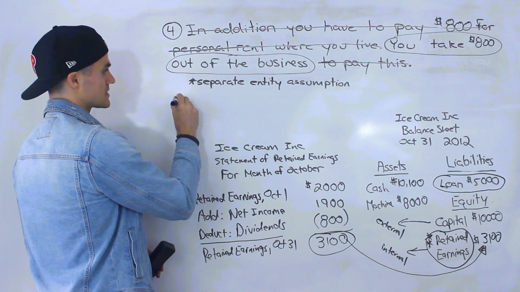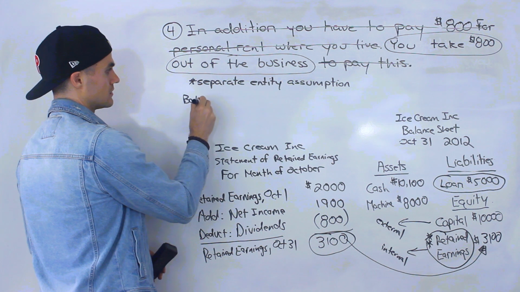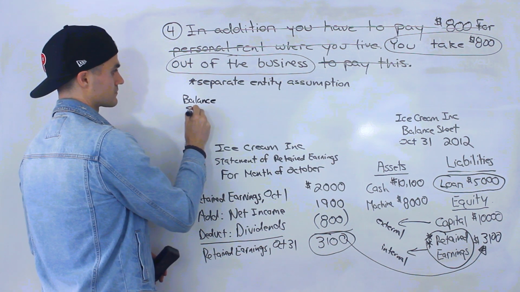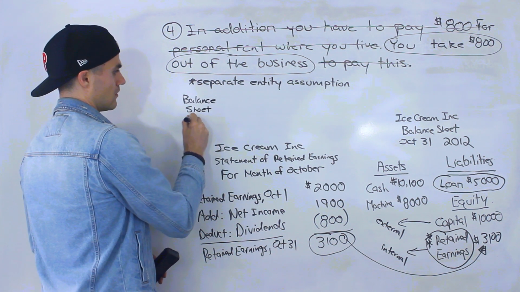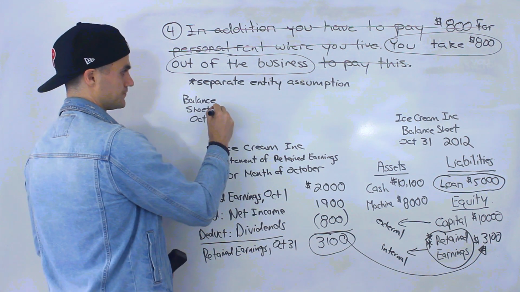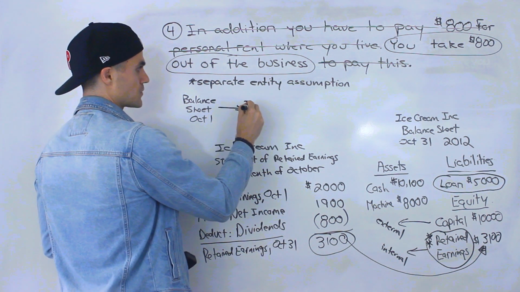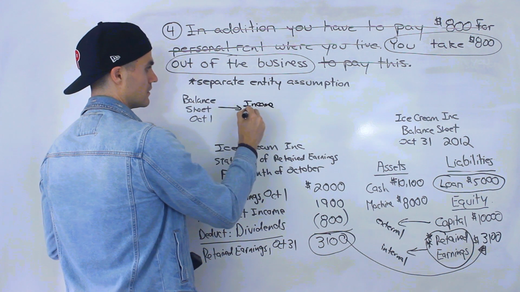So what happens is we have a balance sheet on October 1st. And then what happens is we create an income statement.